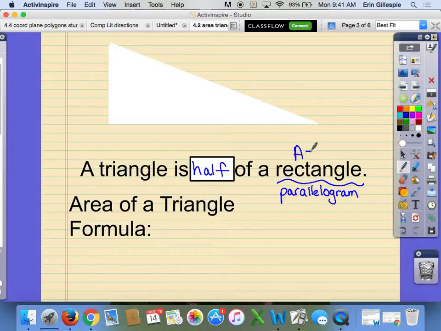So we learned that parallelograms, rectangles, their area formula is base times height. Well, if a triangle is half of a rectangle, and the rectangle's area formula is base times height, then a triangle's formula must be base times height divided by 2, because that would be half of base times height.